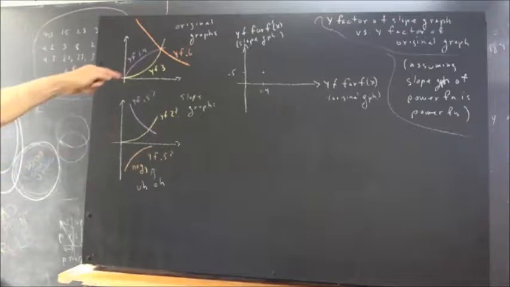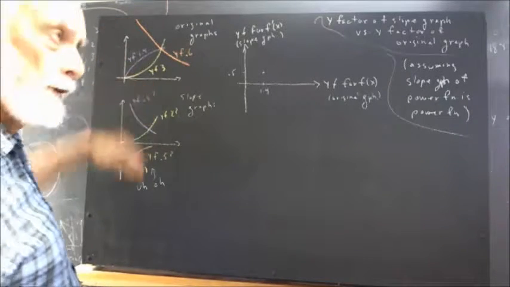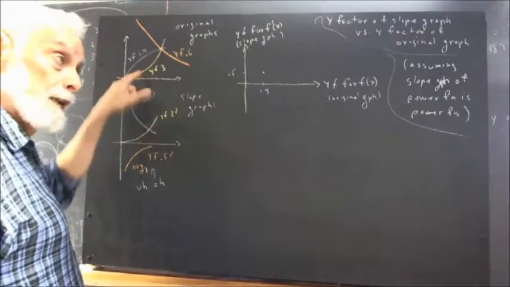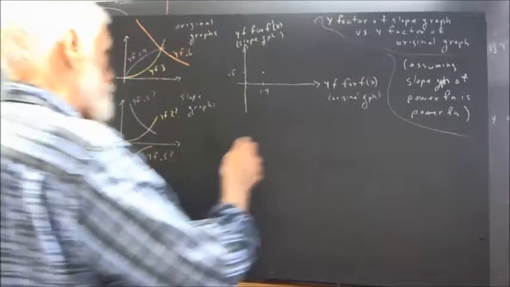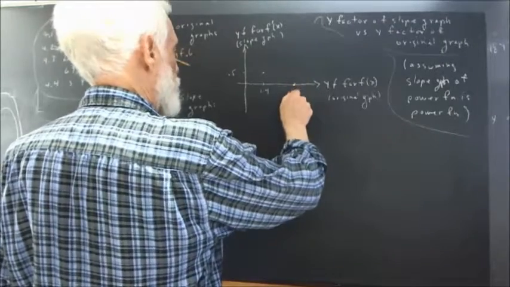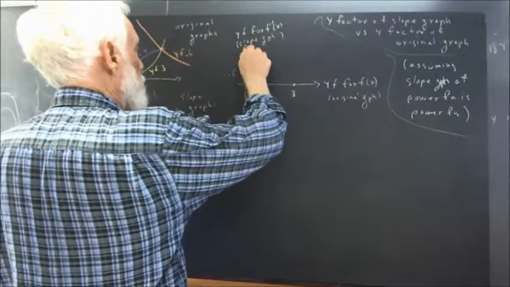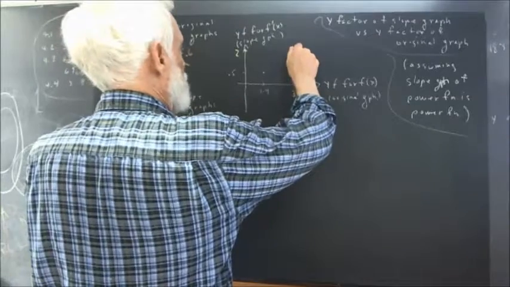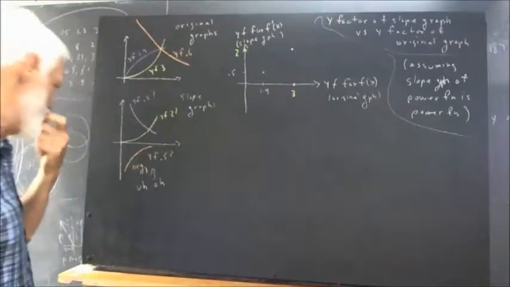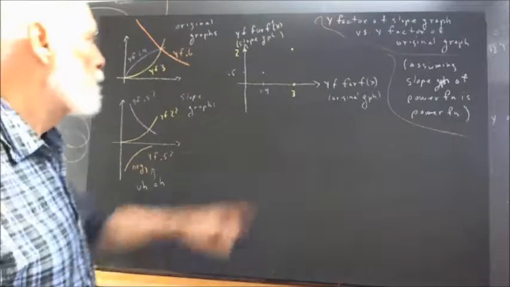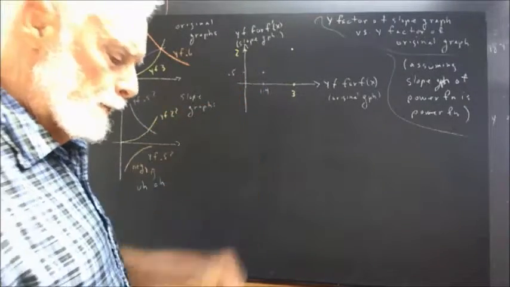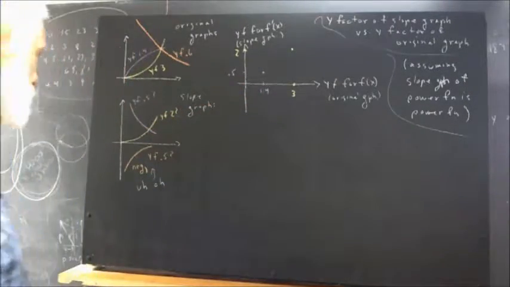Then, if we have a y-factor of 3 and we find that the y-factor of the slope graph is 2, and I'm not saying that would actually happen, but if we did get those numbers, then we would have 3 out here, 2 up here, and a point way up here. Now, it appears that the y-factor of the slope graph is decreasing when the y-factor of the original graph is decreasing, and it turns out that that is the case.